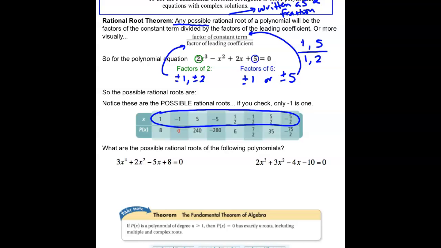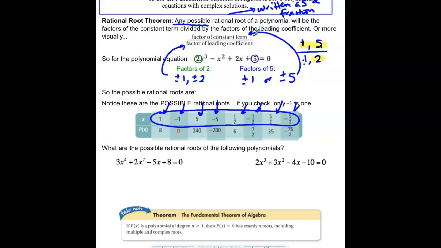So we have 1 divided by 1, and it can be positive or negative, so we get positive and -1 as options. We can take 5 and divide it by 1, again, positive or negative. And then we can take our top numbers and divide by the 2. So we would have things like 1/2, again, positive or negative, and 5/2, positive or negative.